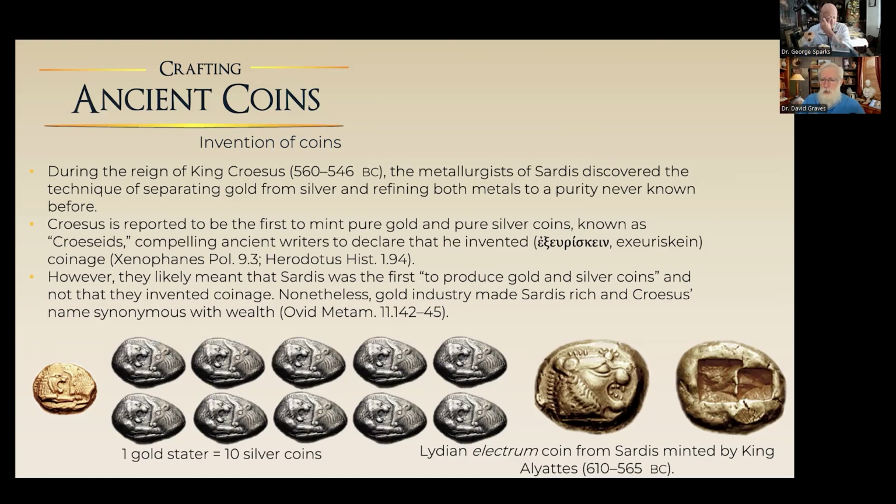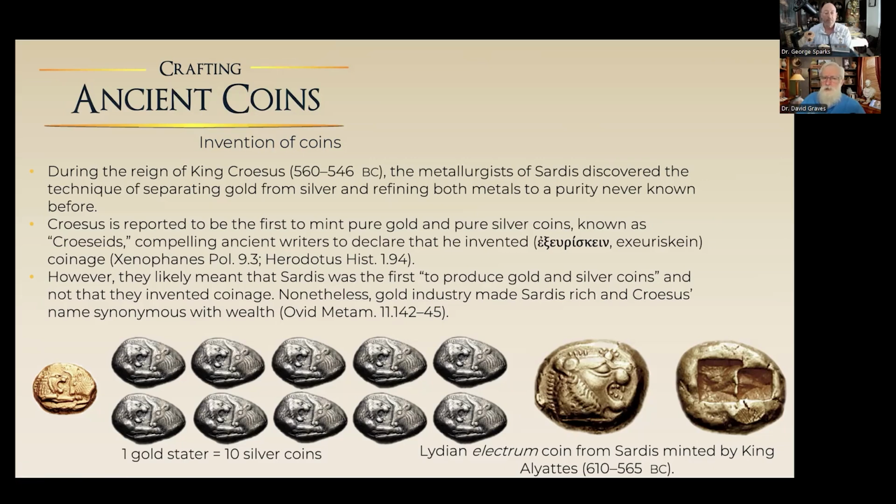You'll see the different color, the electrum here on the right compared to the gold stater on the far left. The gold is bright yellow, and this is sort of a pale yellow. That's because it had impurities mixed in with it: gold, silver, copper, tin, iron.